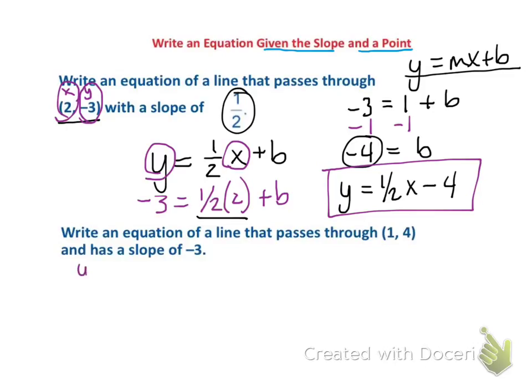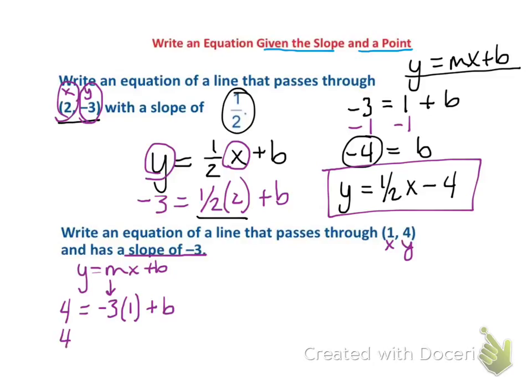Alright, so we know that we're dealing with y equals mx plus b, right? Again, they've given us the slope, so we can plug that in instead of m. So m is going to be -3. And they've given us an ordered pair x comma y. So 1 goes in for x. We don't know b. And our y is 4.